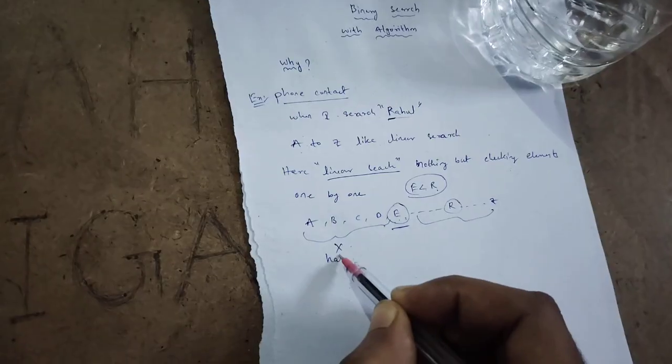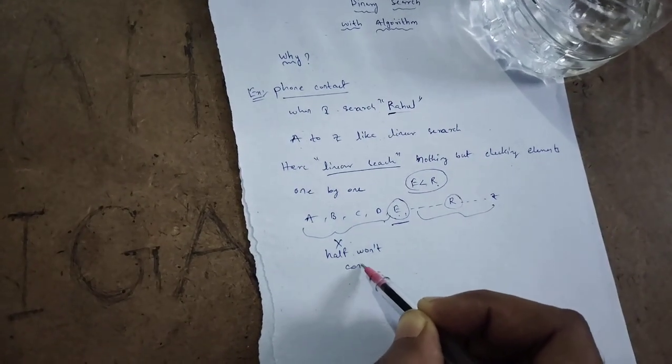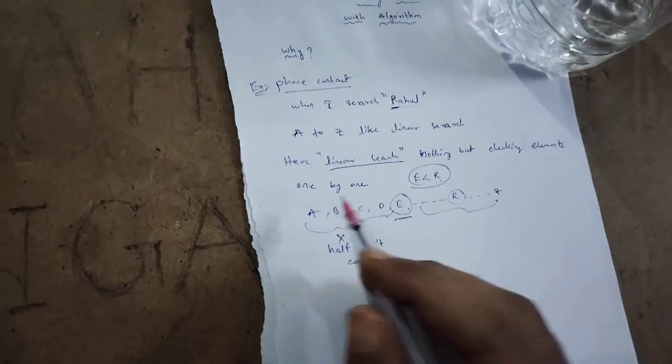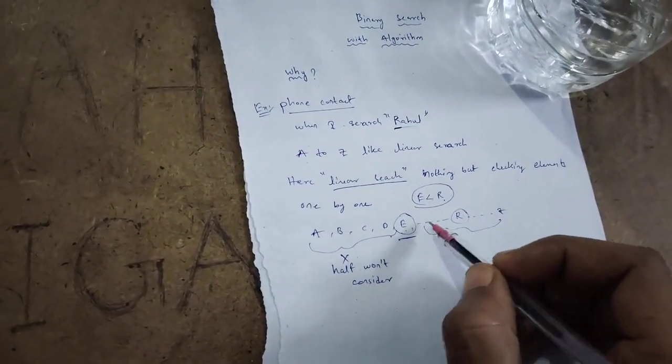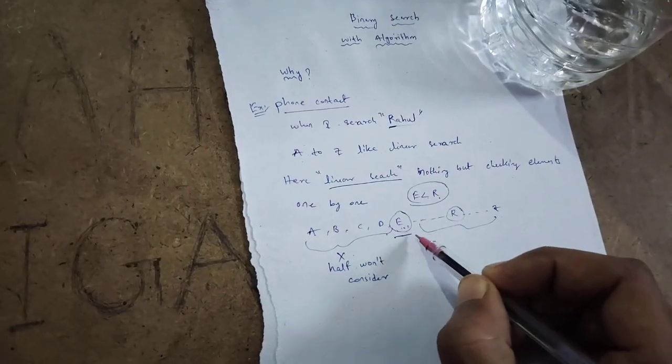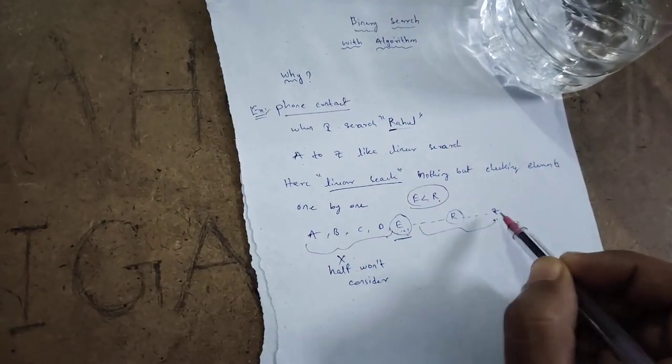This half we won't consider then. When we consider this, E to Z, it is the low value, it is the high value.